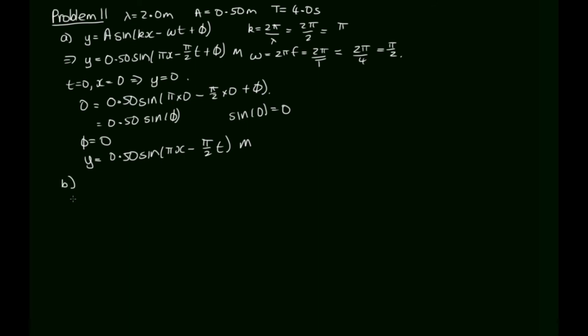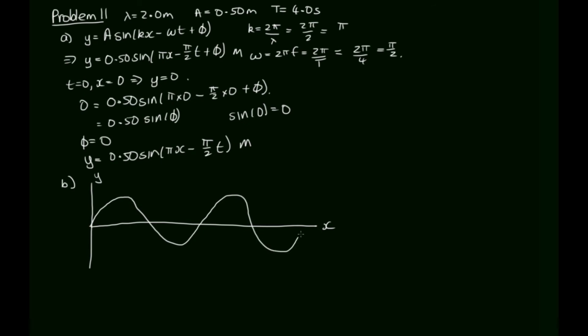Part B then asks us to draw a diagram showing the medium at t equals 0. Here's our medium. This is the length along the medium. This is the height. And we know that at x equals 0, y equals 0. So this is just a traveling wave with a wavelength of 2 meters, and we can draw it like this.